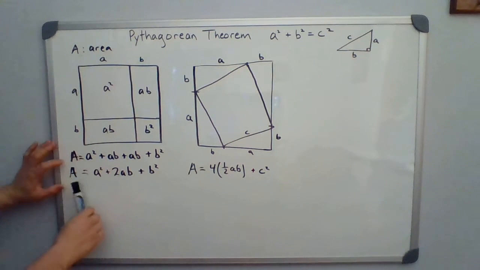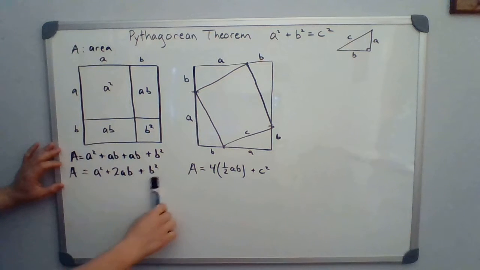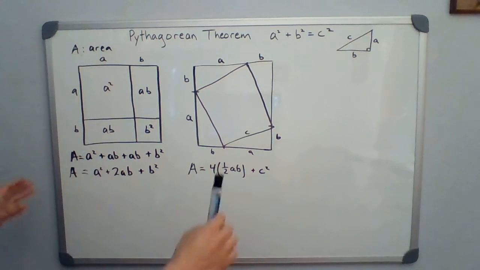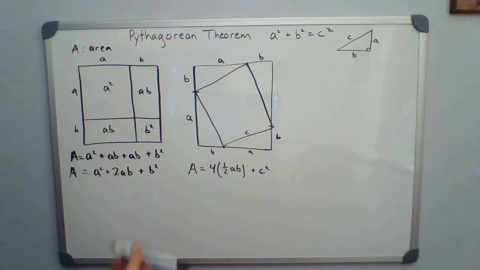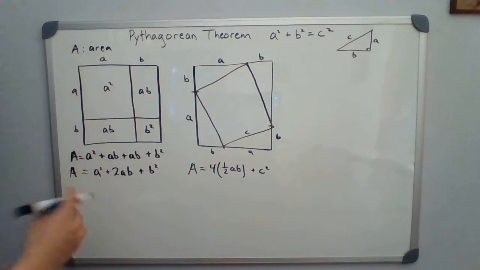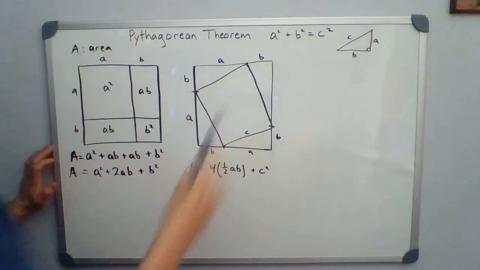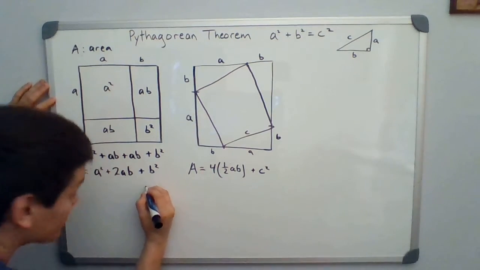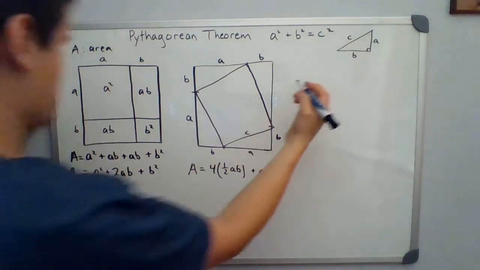Now I have A related to a and b in this way, and A related to a, b, and c in this way. So I'll just put them together and I can solve for C. Then I'll have C in terms of A and B, which is exactly what we want for the Pythagorean theorem. So really quickly, I can do that right here.